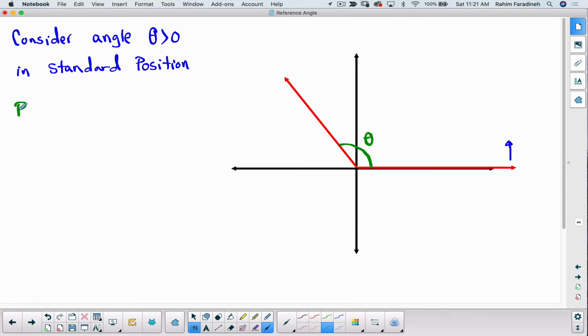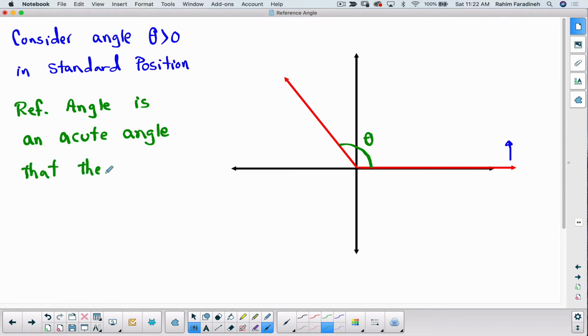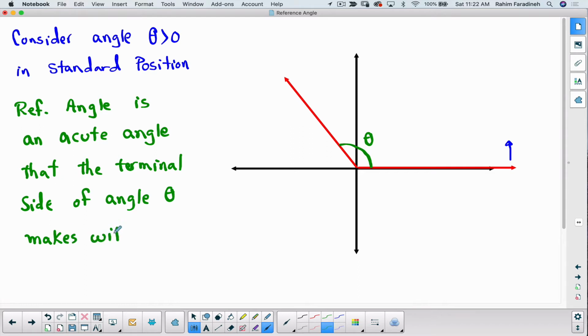The reference angle is an acute angle that the terminal side of angle theta makes with the x-axis.